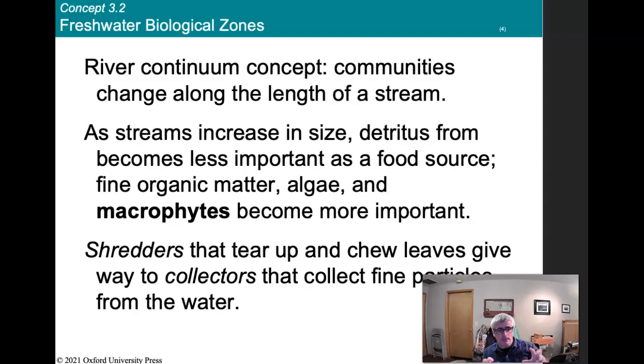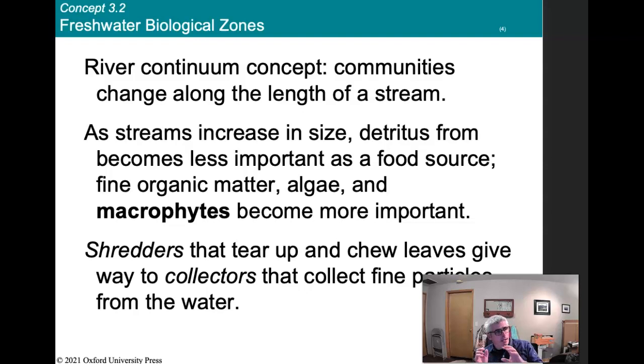The insects and animals in those smaller streams are what we refer to as shredders. So they're able to tear up and chew on leaves to obtain nutrition, where collectors consume fine particles in the water.